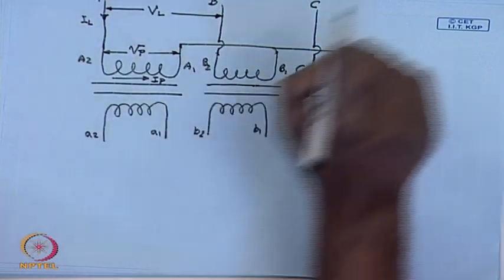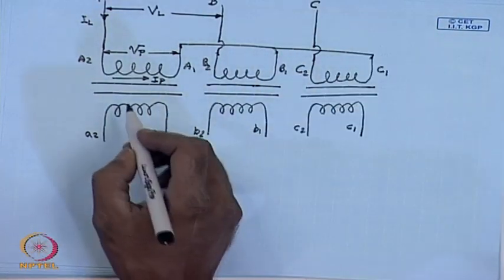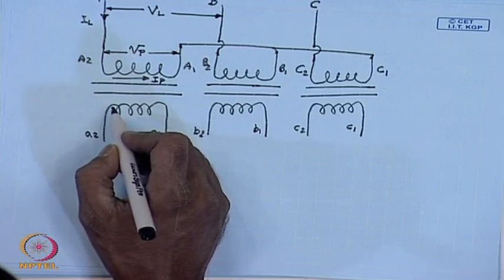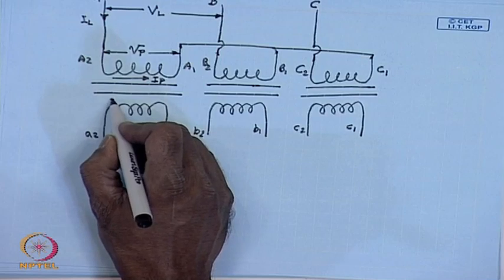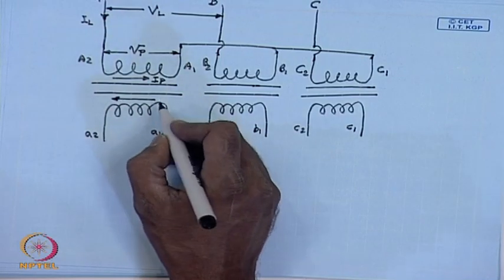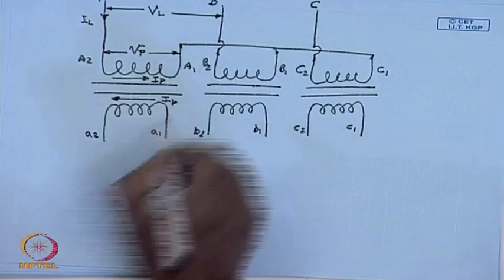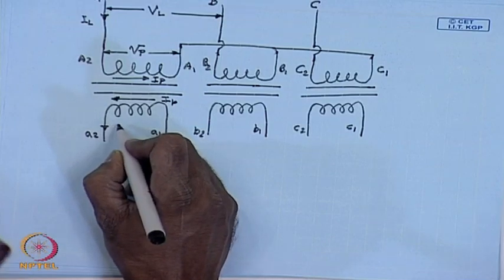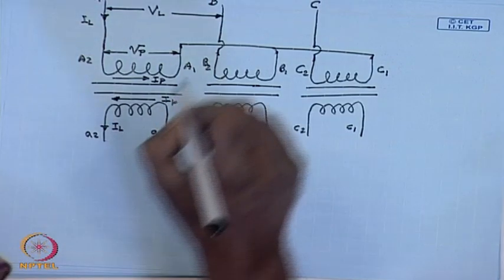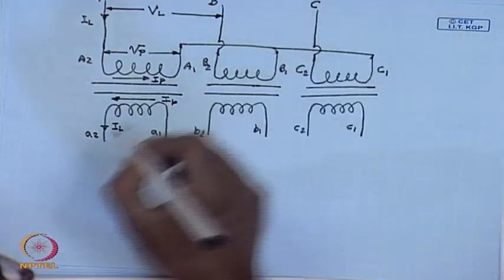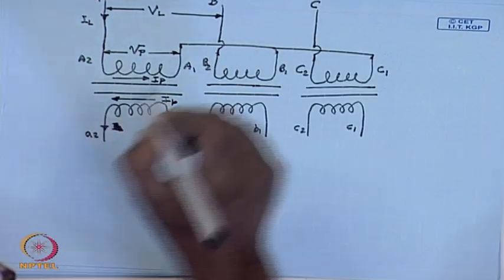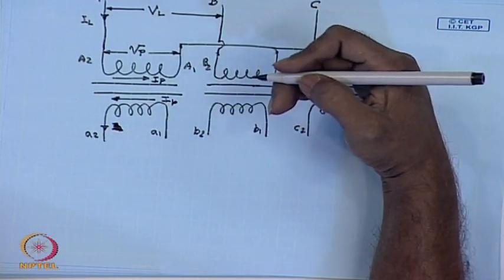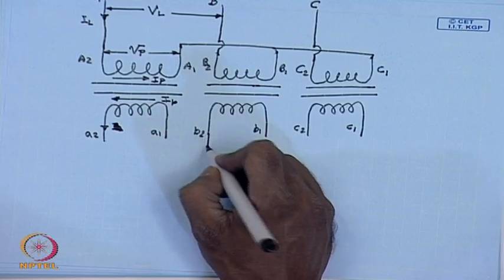Similarly, this is the phase current on the LV side I_p, and this is the line current on the LV side I_l. Now, the low voltage side, let us say, is delta connected. How do I get this delta connection?